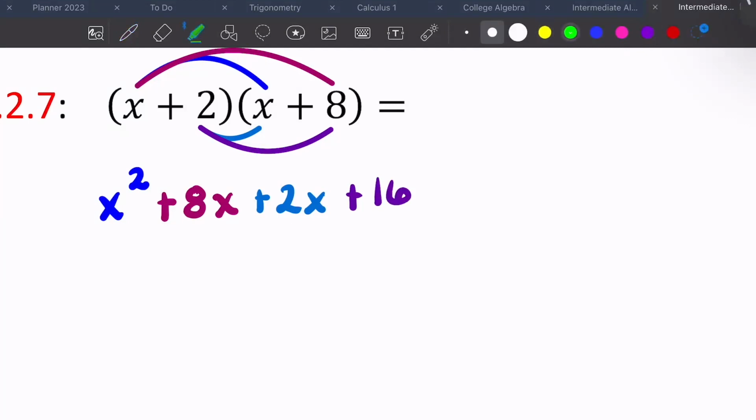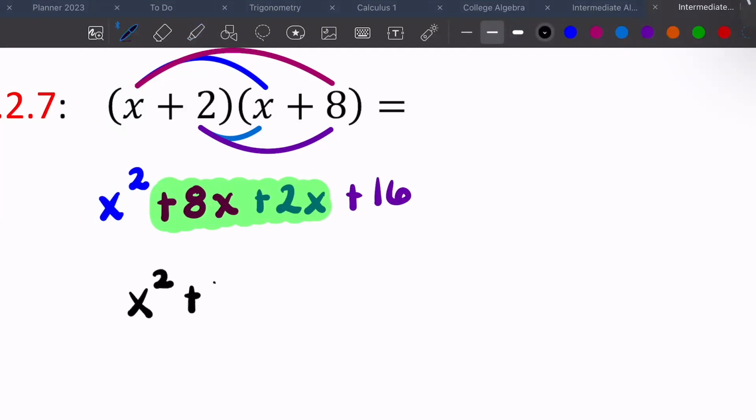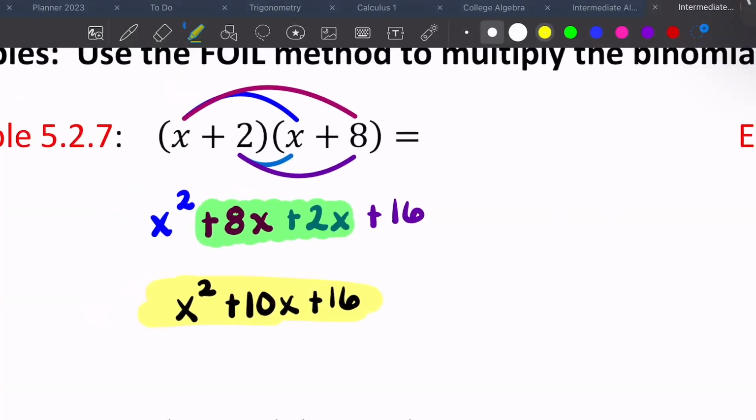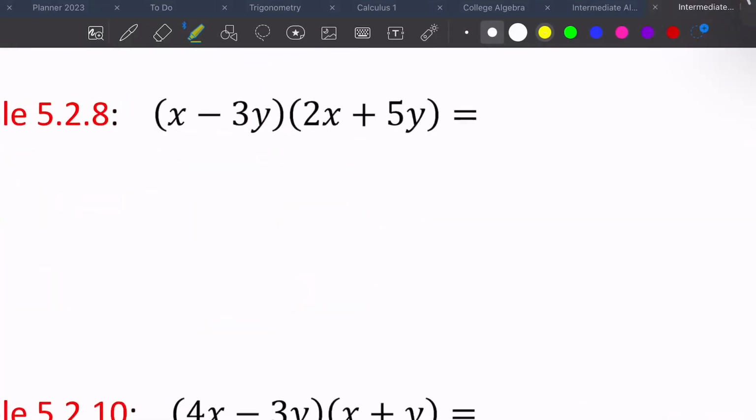If you FOIL correctly, these right here in the middle will always be like terms that you add together. But, ooh, I multiplied them. That's a no-no. Okay. And that is your answer, okay? First, outside, inside, last. Your two middle pieces should be like terms, and then you're done, okay?